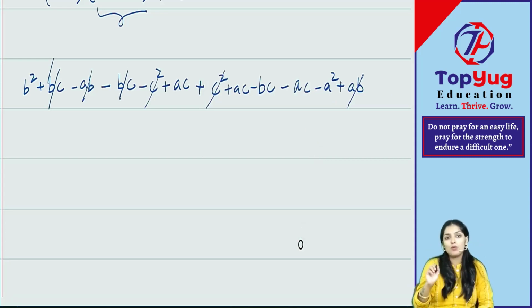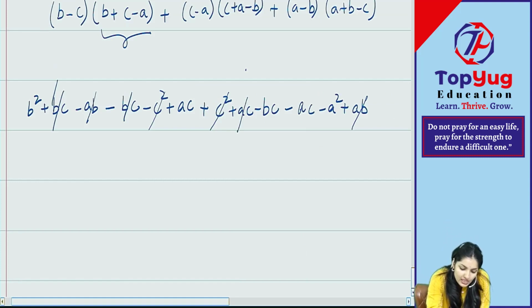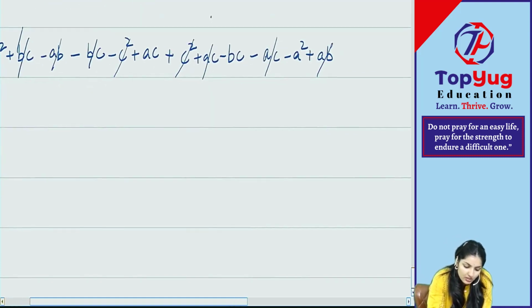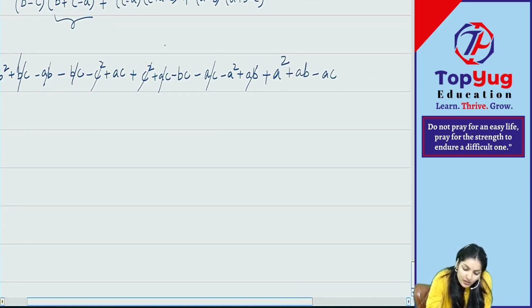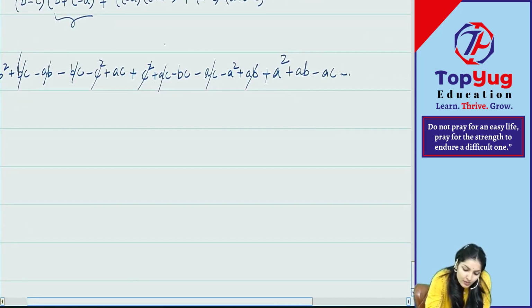It is a pen problem, I have written the spaces there. Now we can cancel. Now minus bc. So plus a square plus ab minus ac, minus ab minus b square plus bc.